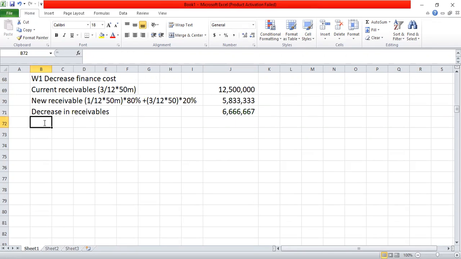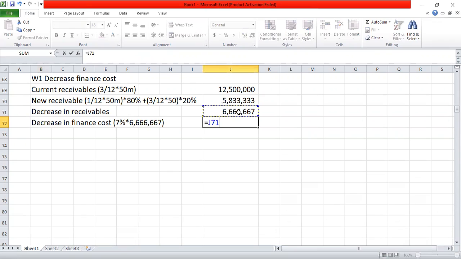So our decrease in finance cost will be 70% times 6,666,667 times 7%.